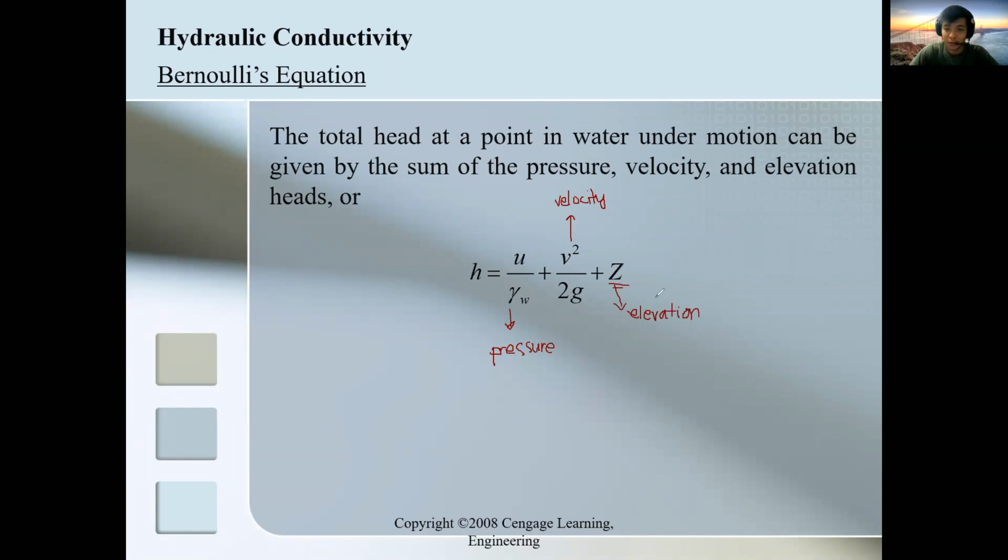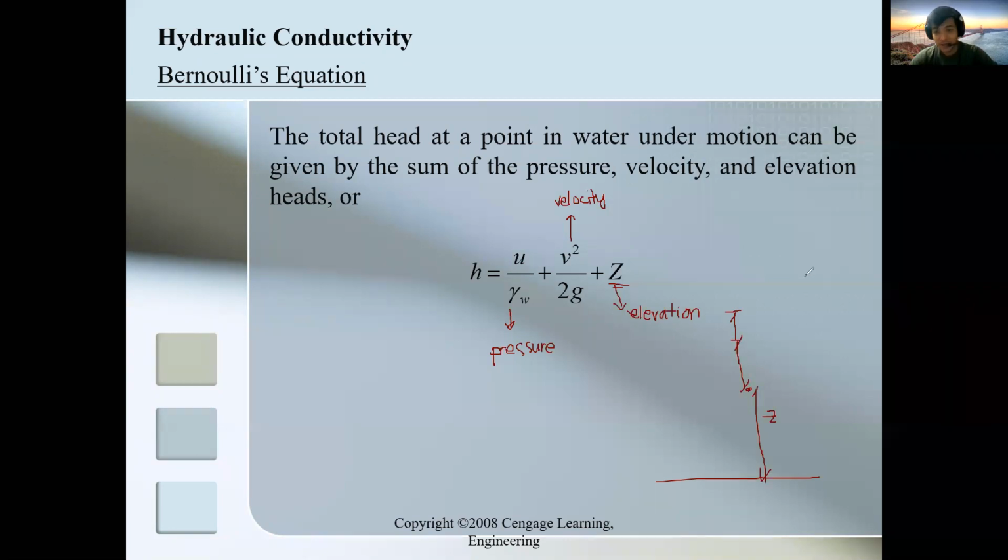For example, with a datum here, your particular point is your Z, plus the pressure head, plus the velocity head.